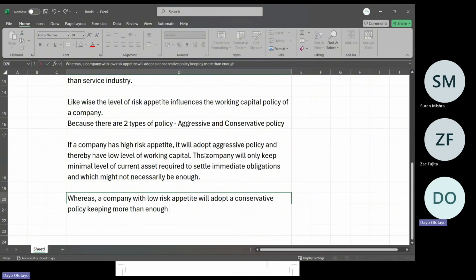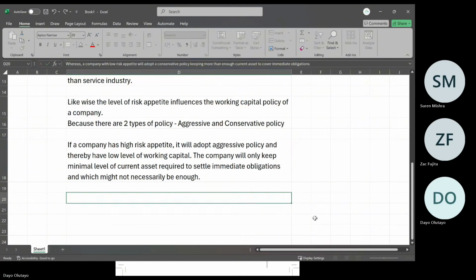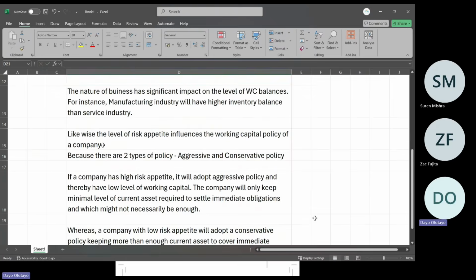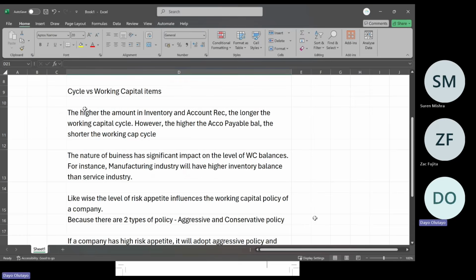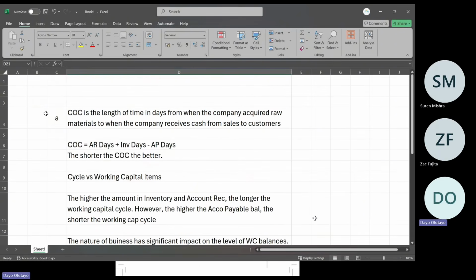So keep more than enough current assets to cover immediate obligations. And with that, you can earn all the marks you need to earn for part A of the question.